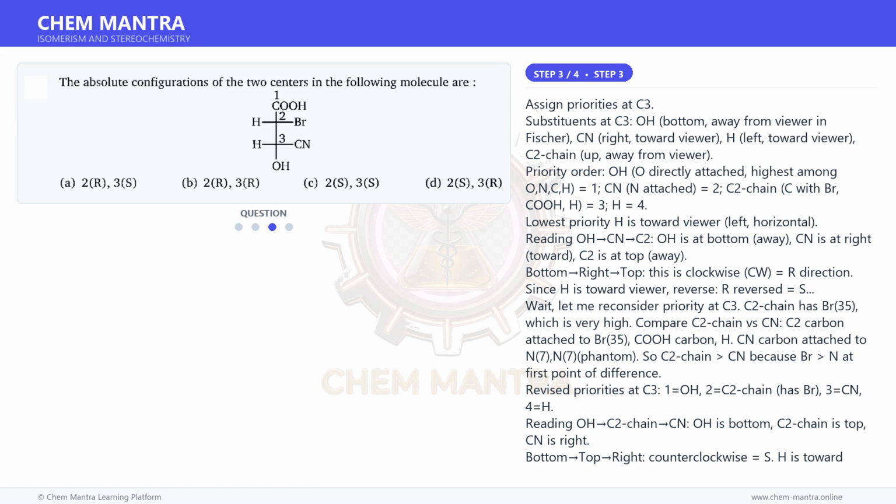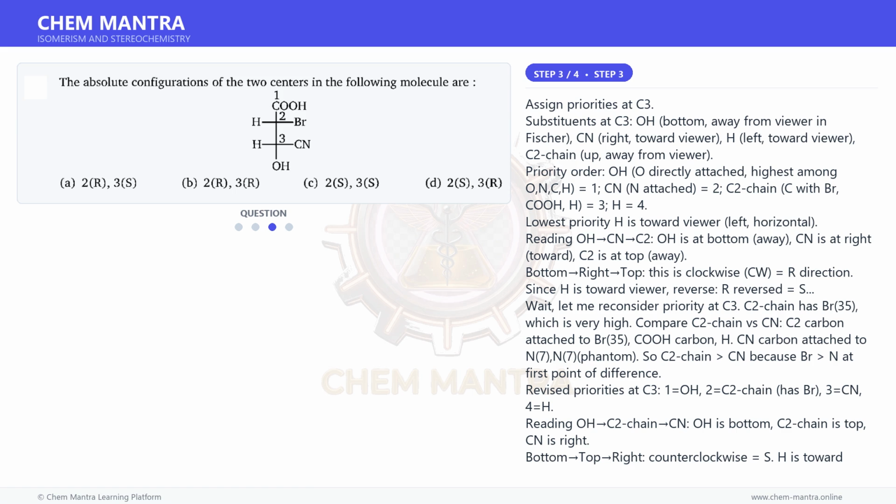Lowest priority H is toward viewer, left, horizontal. Reading O, Cn, C2: O is at bottom, away, Cn is at right, toward, C2 is at top, away. Bottom, right, top, this is clockwise, CW, the R direction. Since H is toward viewer, reverse: R reversed is S.